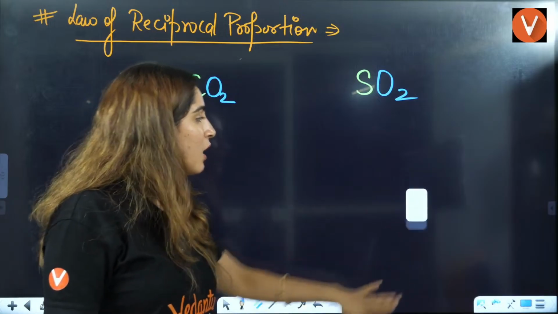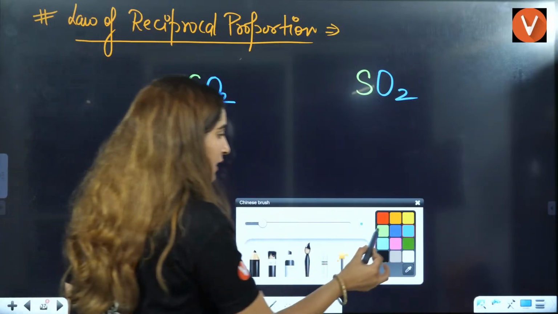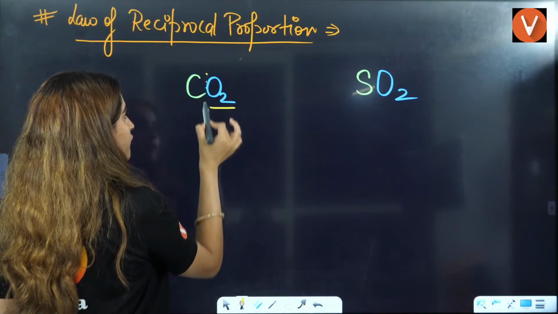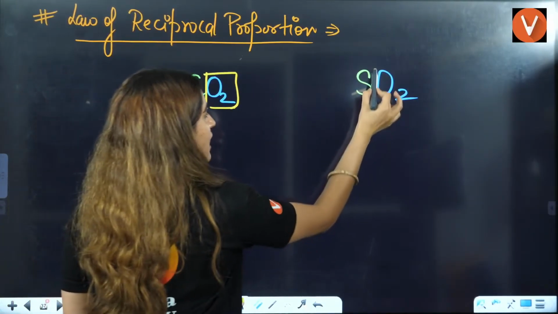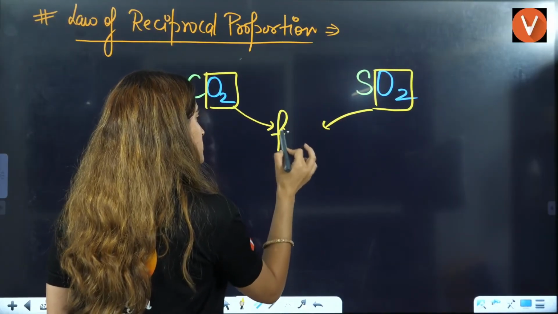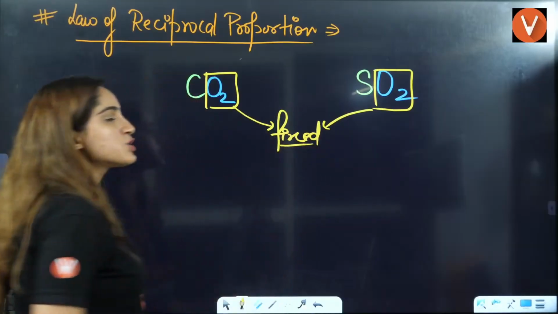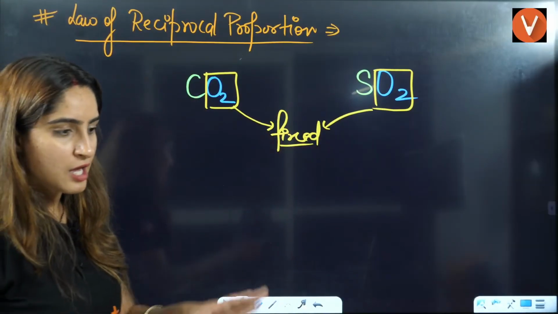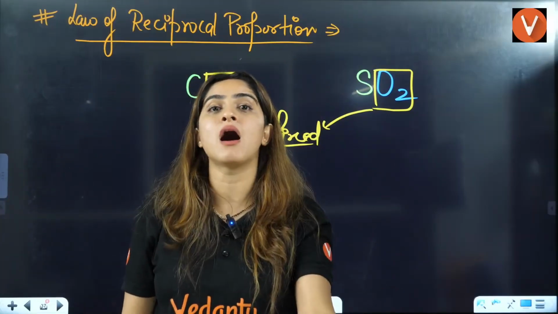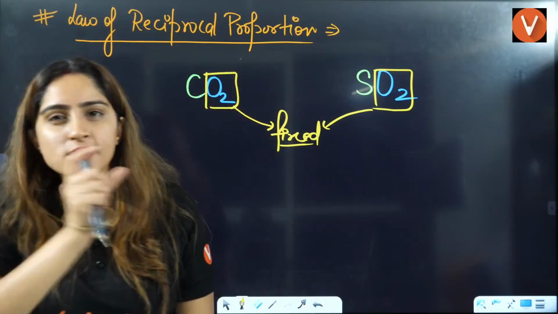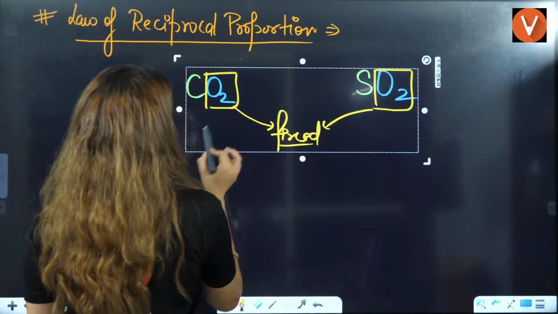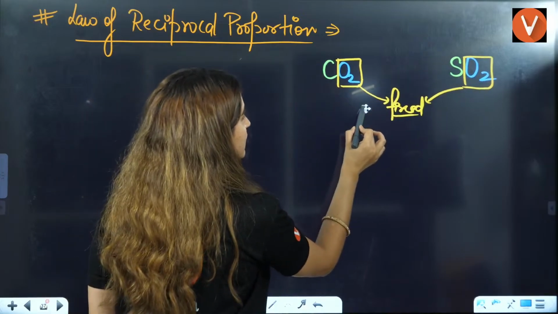Now, when we fix this, this is fixed. Two elements are combining with the fixed mass of the third element. Is this statement clear to everyone?